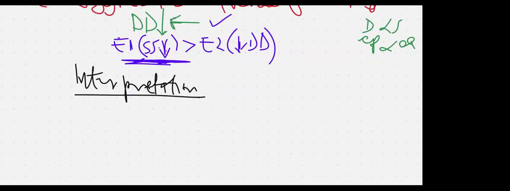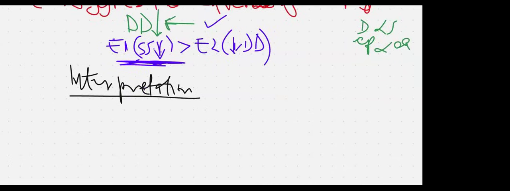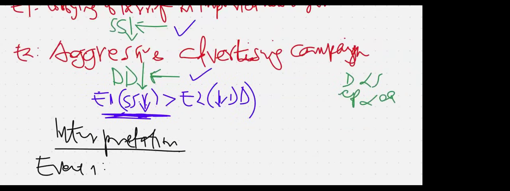So this is the interpretation, then the C step. I'll write event 1 again. I'm writing well so that the examiner will understand what I'm trying to say. Event 1. What is event 1? What's the title?